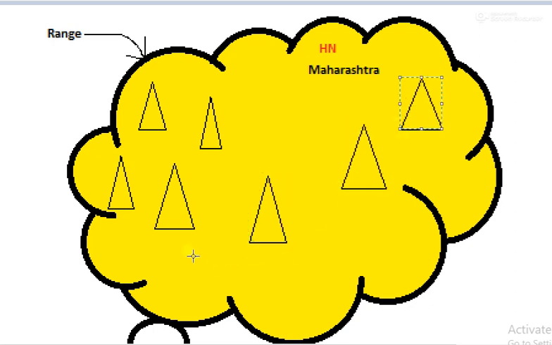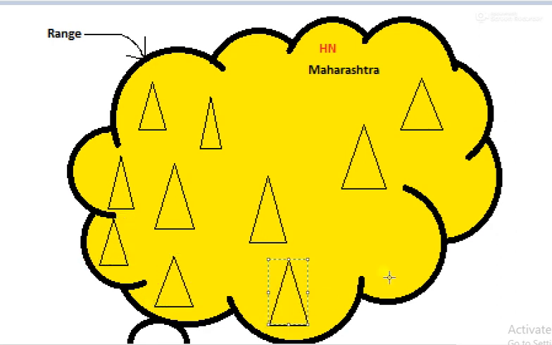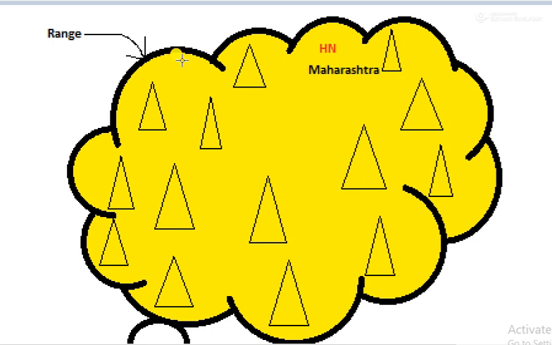Those are wireless stations in short, which cover almost the network across the particular state.